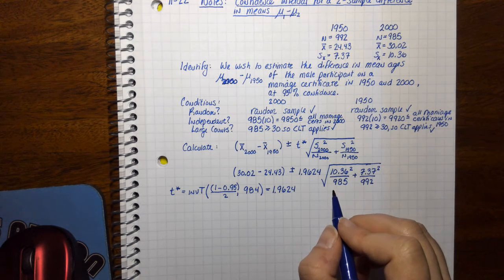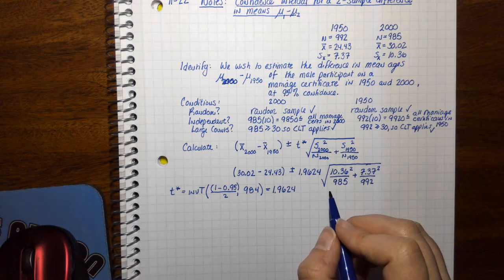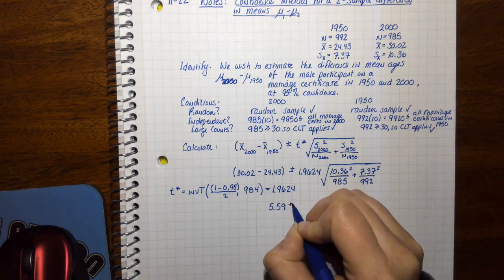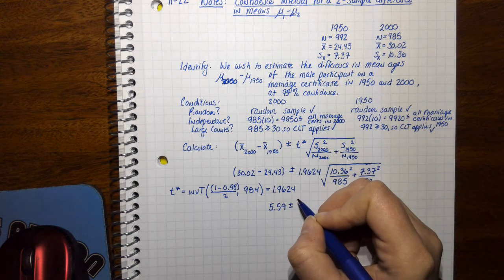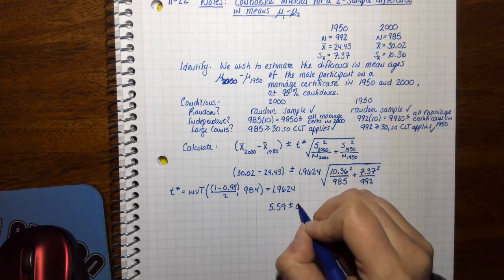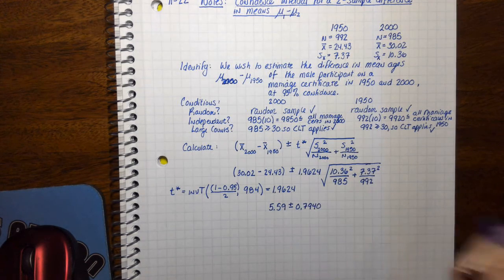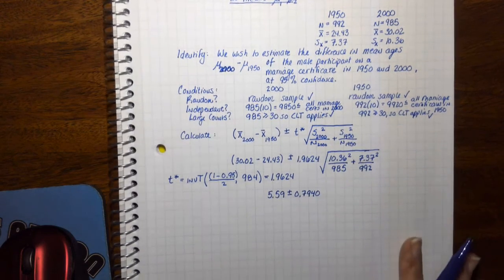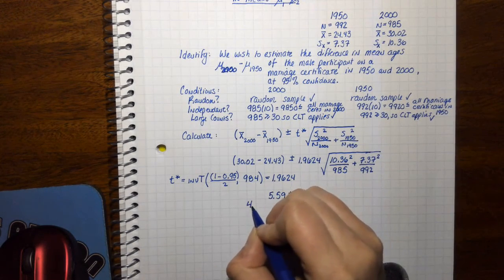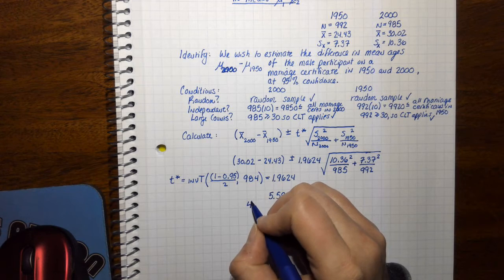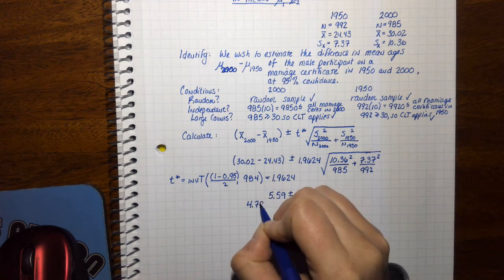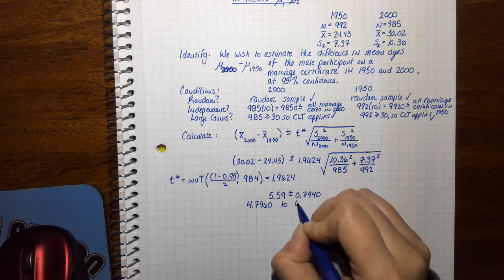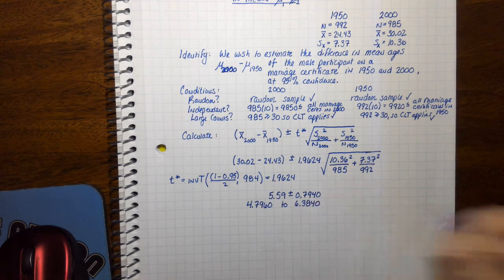And this simplifies out to be 5.59 plus or minus 0.7940. Again, as in the last video, please do this calculation on the calculator, which comes out to be 4.7960 to 6.3840.